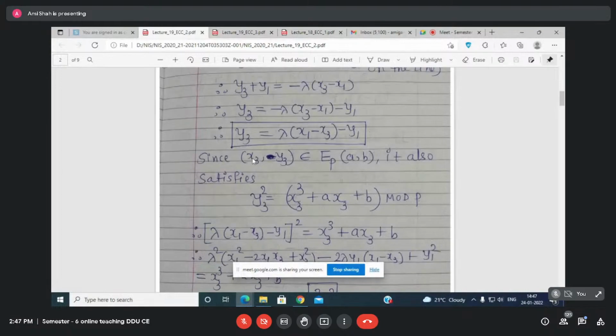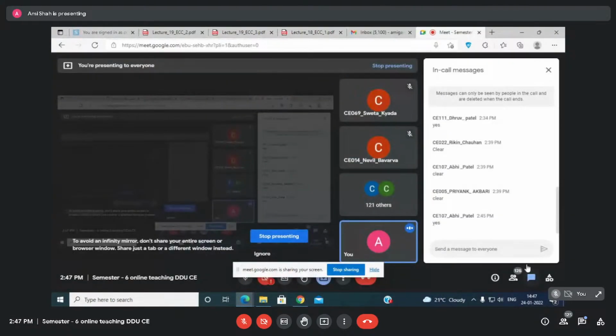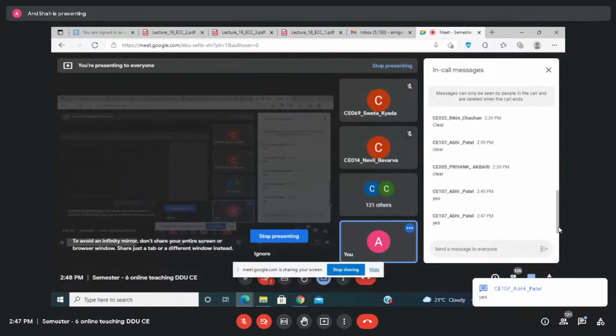But here I am considering the point x3 y3, so instead of y I am writing y3. So I get y3 square equals x3 cube plus a x3 plus b mod p. Up to this clear, everyone? Is it clear to you all? Can you hear me?